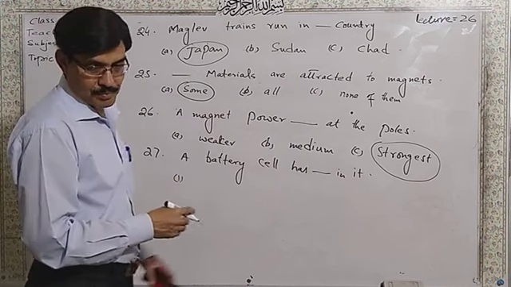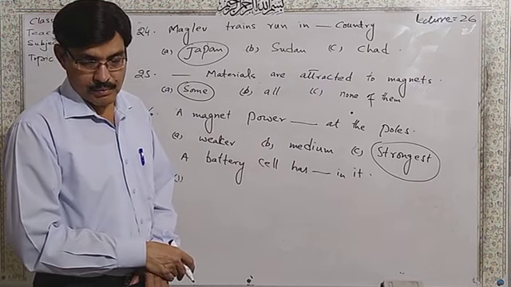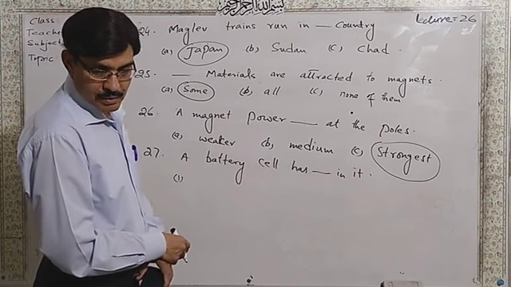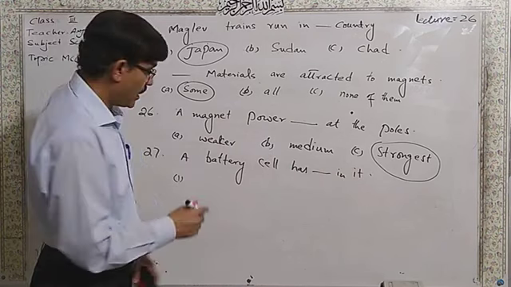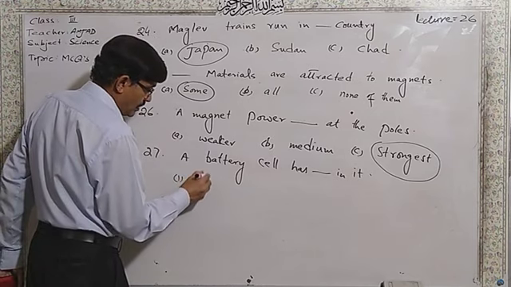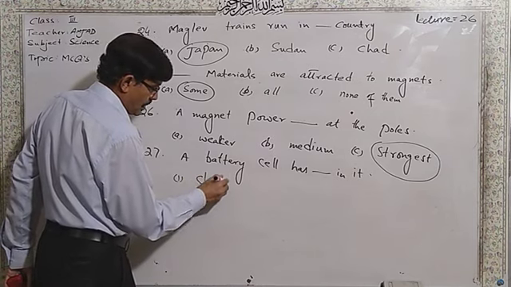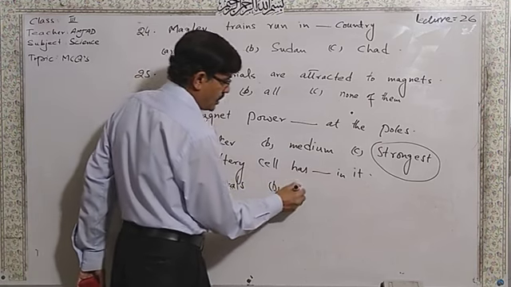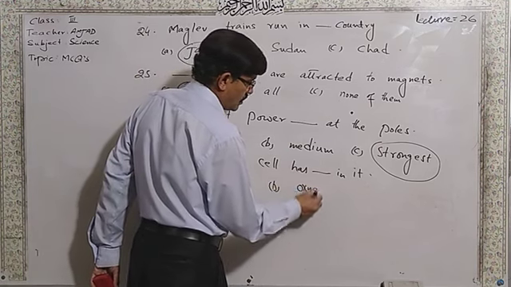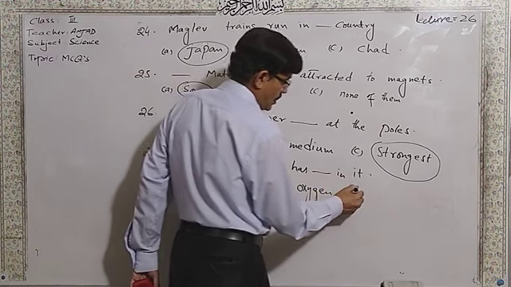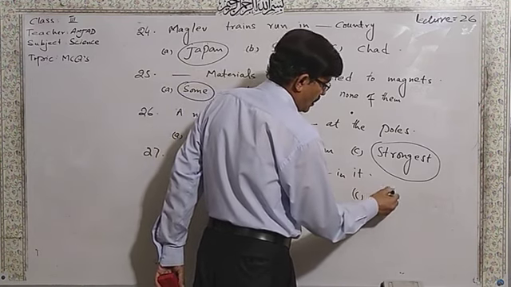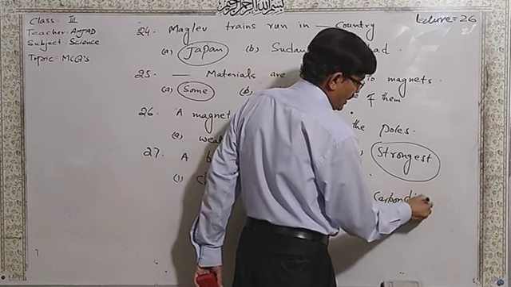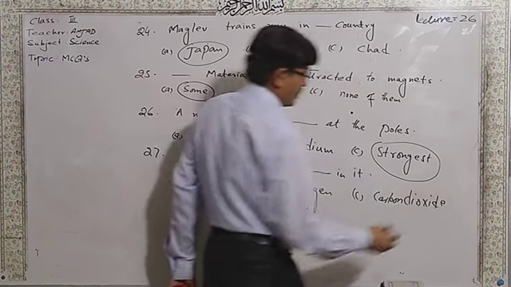Number one, A, chemicals, B, oxygen, C, carbon dioxide.